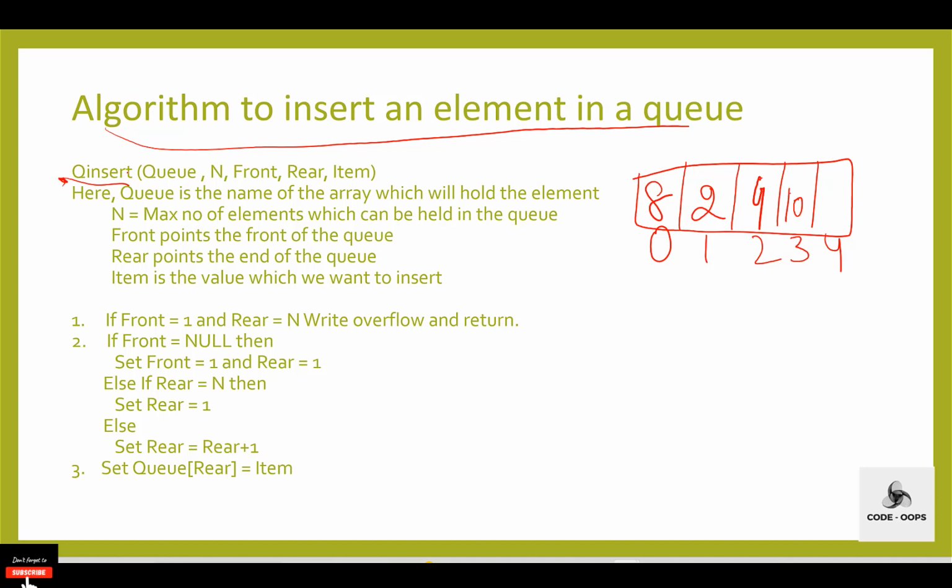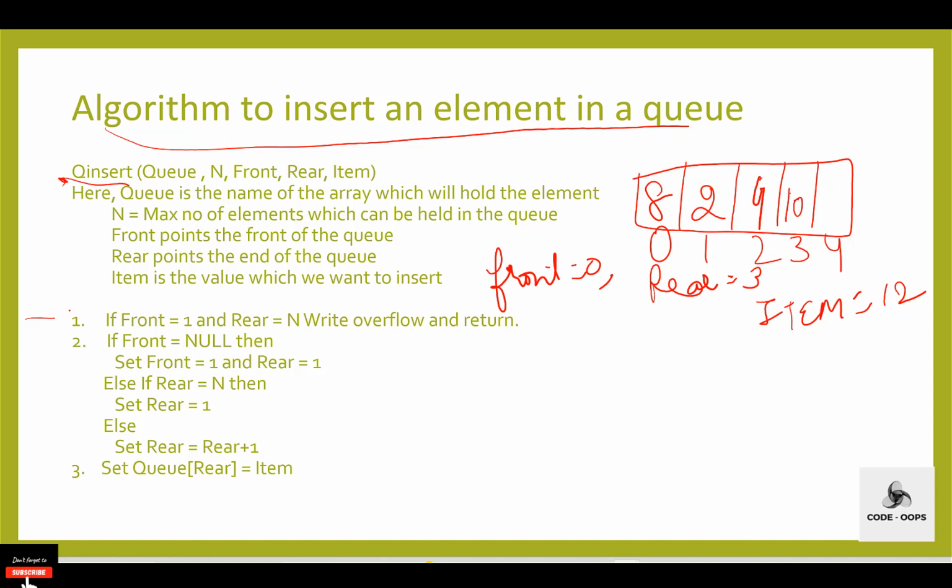Front points to the front of the queue. Front is equal to 0 and rear points to the end of the queue. Rear is equal to 3, and item is the value which we want to insert into the queue. Item is equal to 12, and Q is the name of the array.